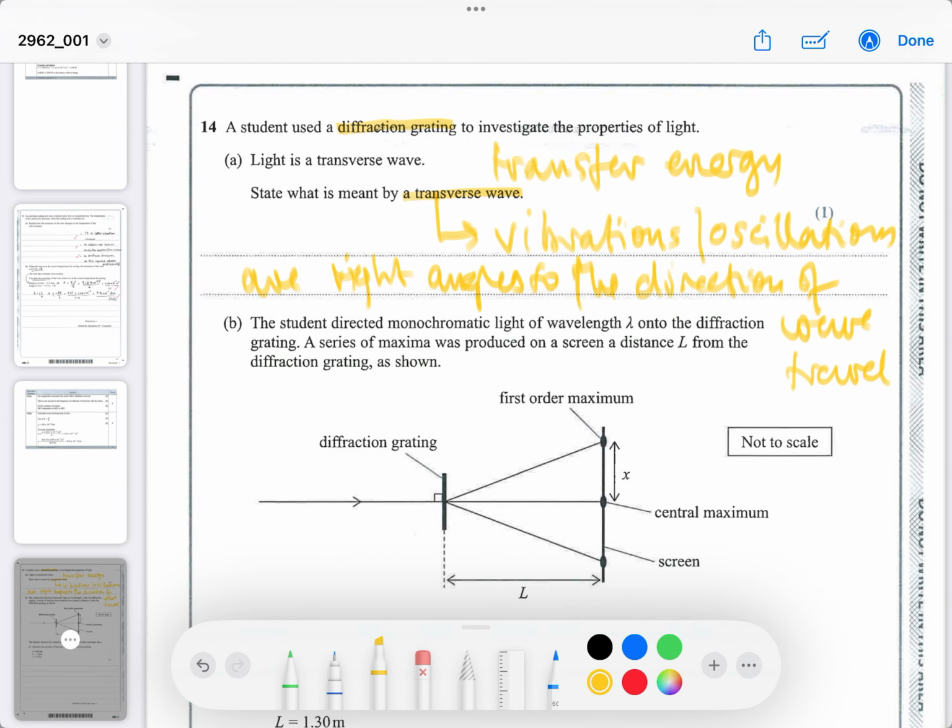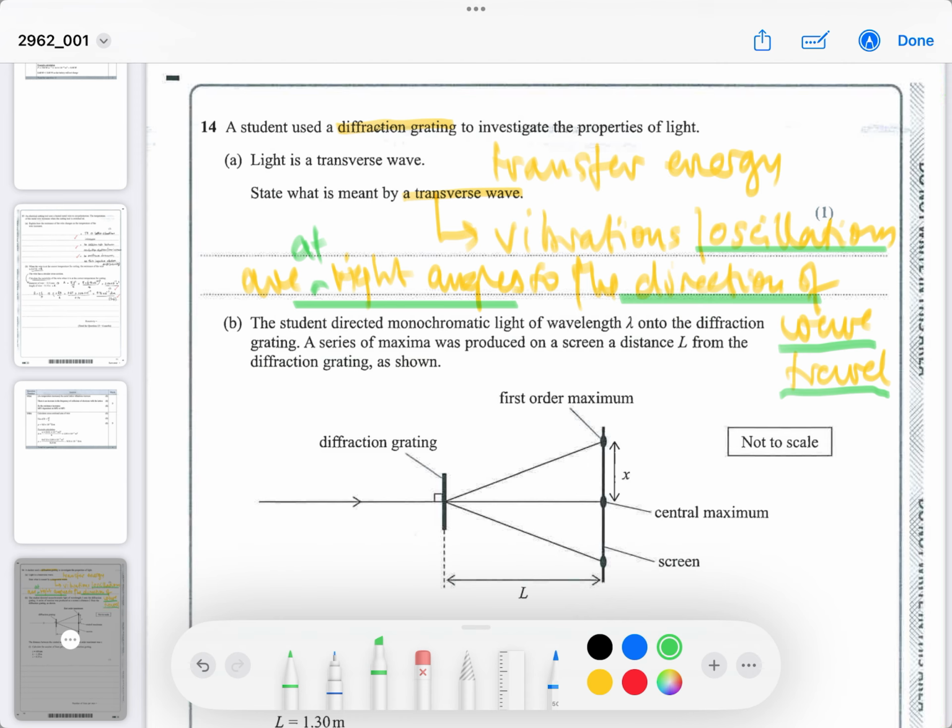Okay, so oscillations is a key term. So you've got to have oscillations or vibrations. You need to have at right angles. So the vibrations are at right angles to the direction of wave travel, or wave energy transfer, okay?